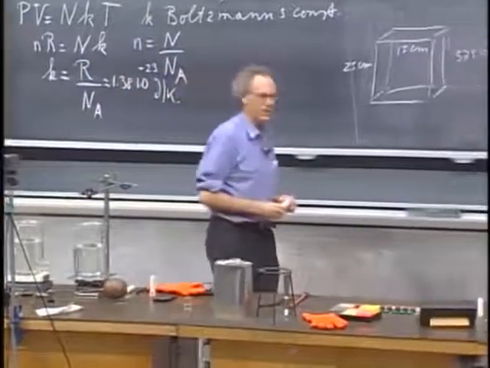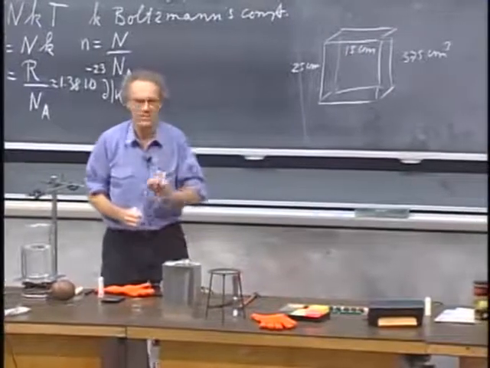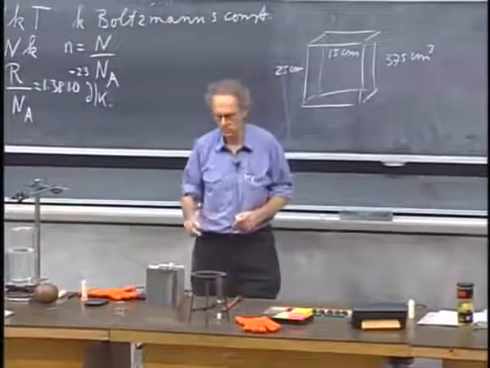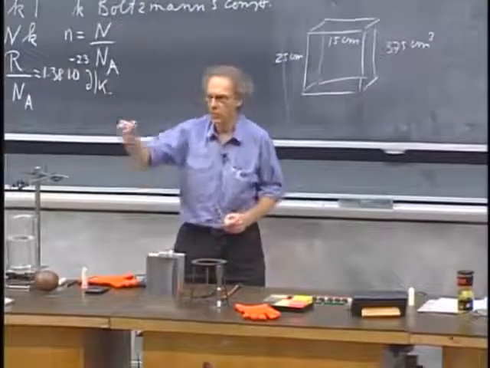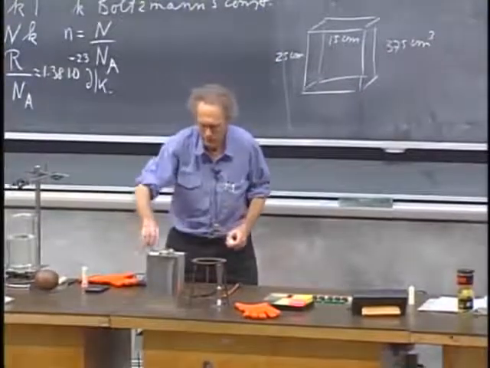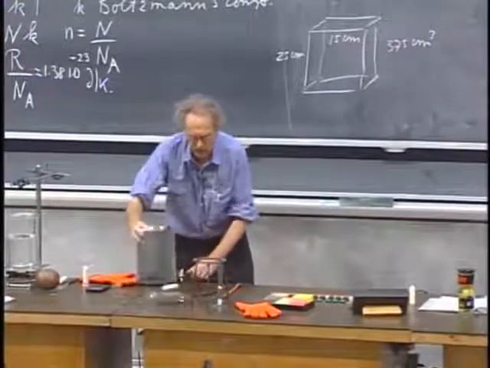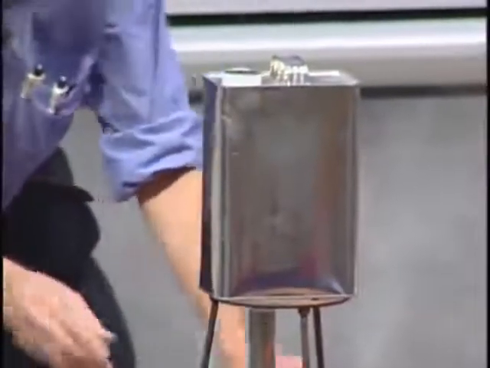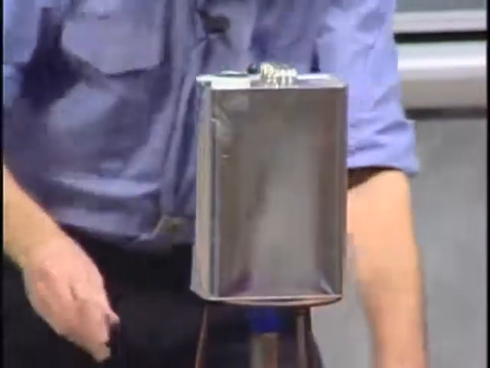Today I'm going to do something more subtle, but with the same effect. I'm going to put in here a little bit of water. Here's a little bit of water. There it goes. And I'm going to bring this water to a boil. At this moment, there is 1 atmosphere air in that can.